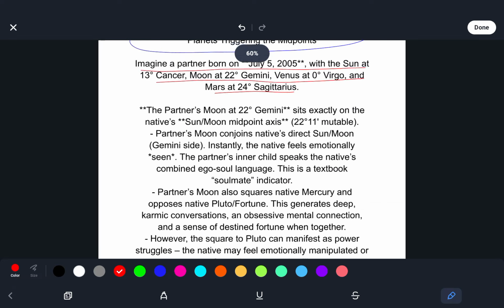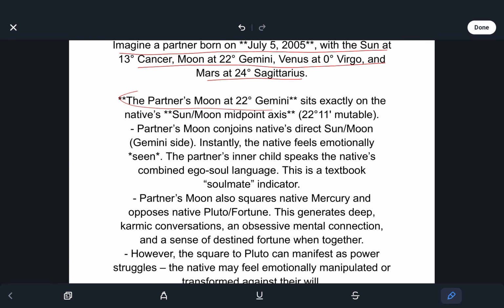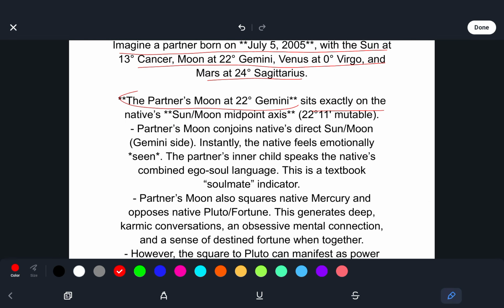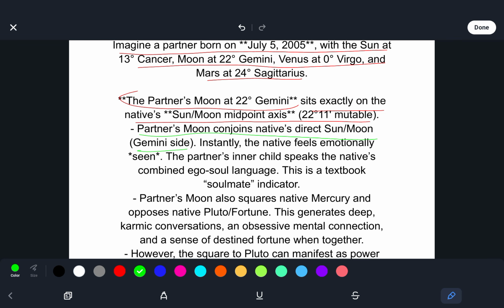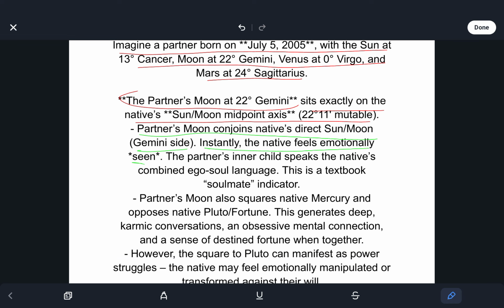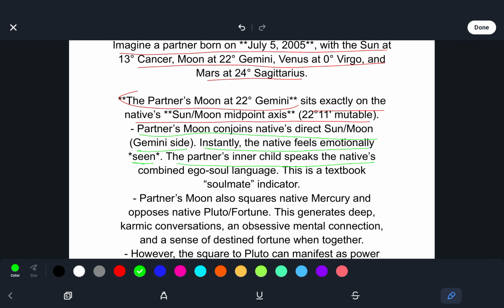So their partner's Moon at 22 degrees Gemini sits exactly on the native Sun-Moon midpoint axis. And the partner's Moon conjoins the native's direct Sun-Moon Gemini side. Instantly, the native feels emotionally seen. Partner's inner child speaks the native's combined ego-soul language, and this is a textbook soulmate indicator.